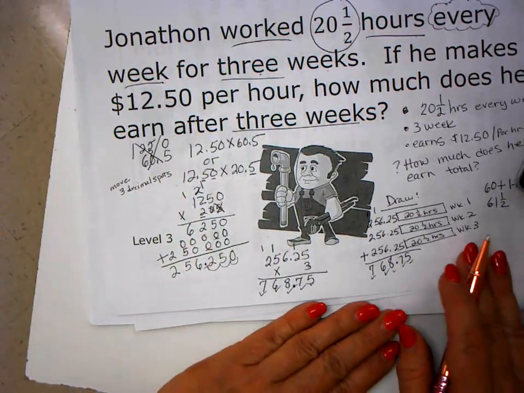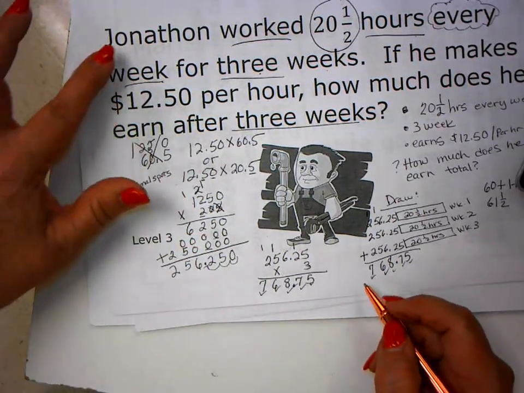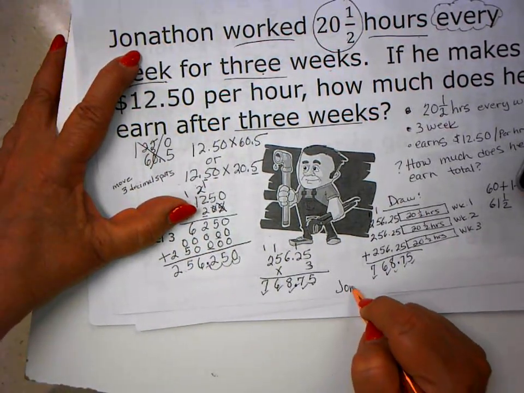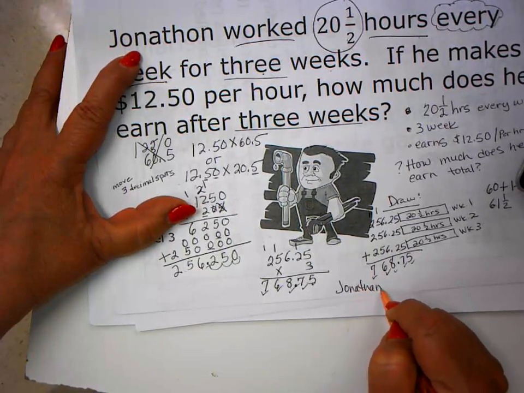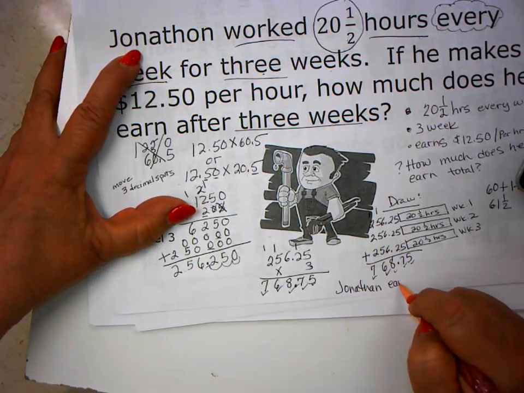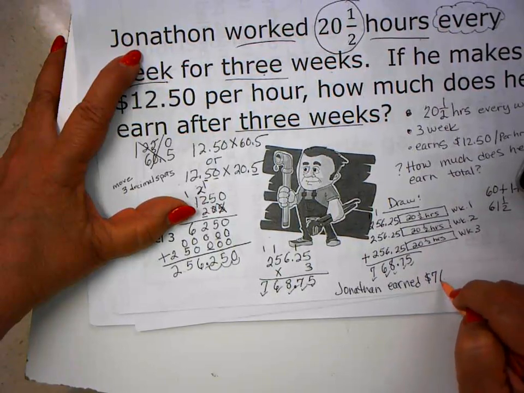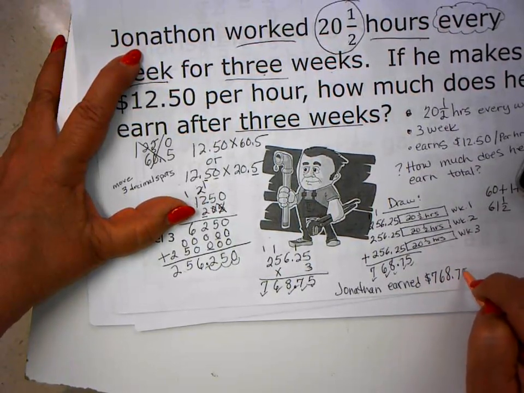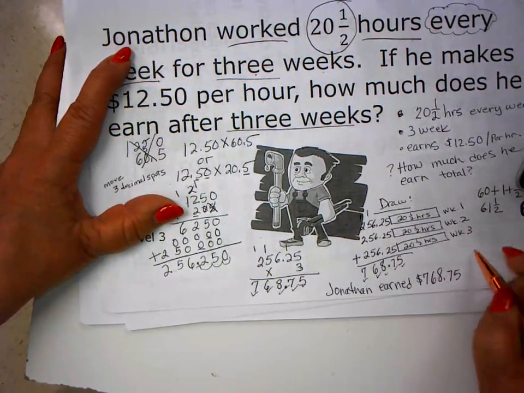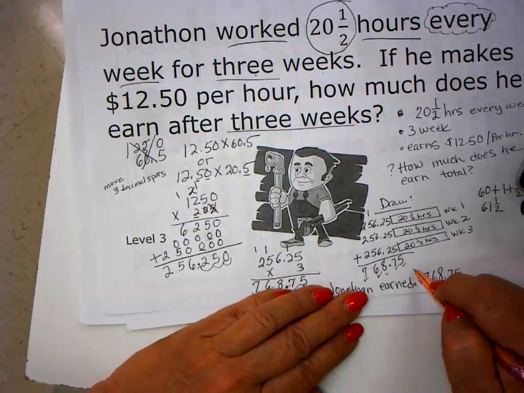So I need to make it into a complete sentence. So Jonathan earned, put my dollar sign, $768.75. Or I can put a total is what I should.